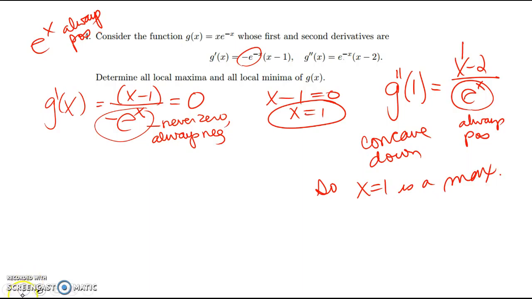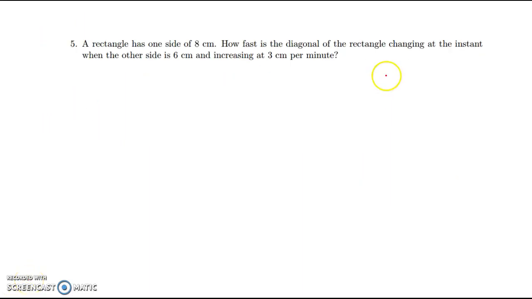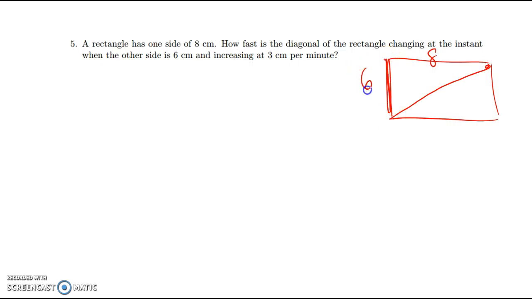All right, number 5. A rectangle has one side of 8. How fast is the diagonal changing at the instant when the other side is 6? So we're going to call this y equals 8, we'll call x equals 6, and they're telling us that dx dt, the rate it's changing, is 3 centimeters per minute.